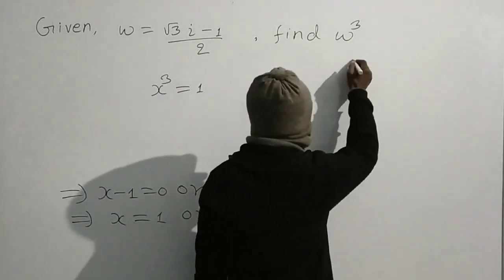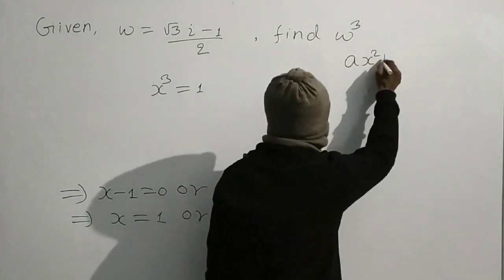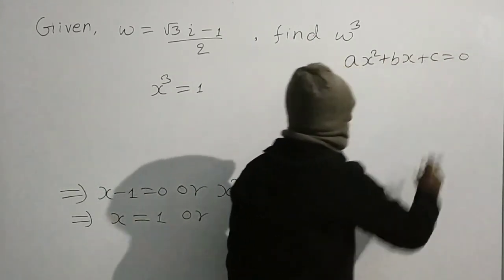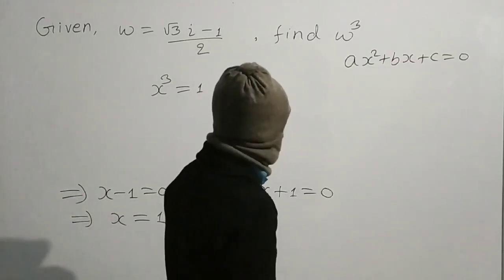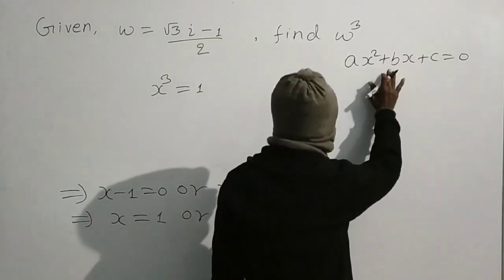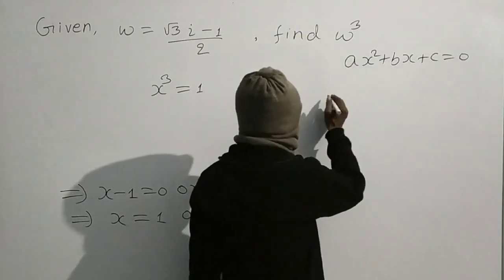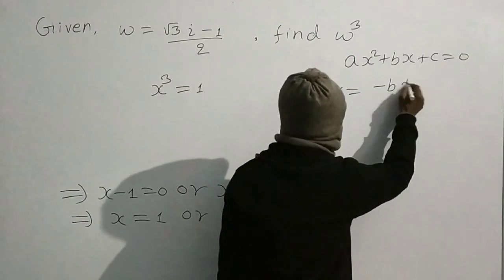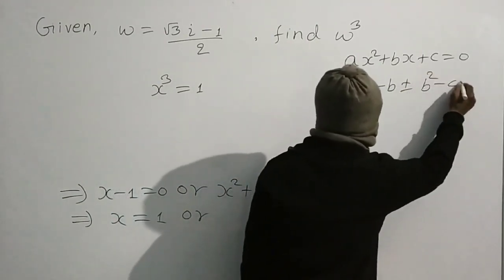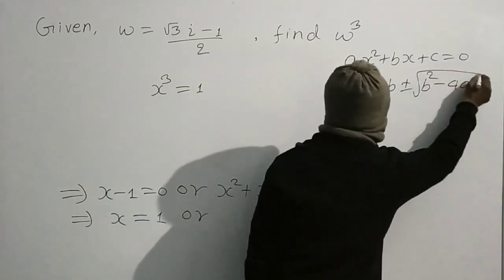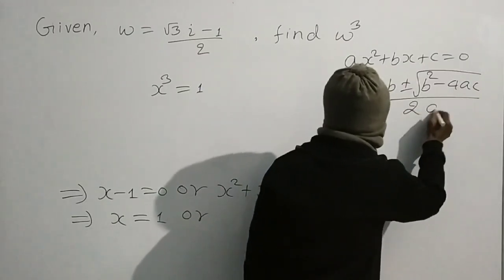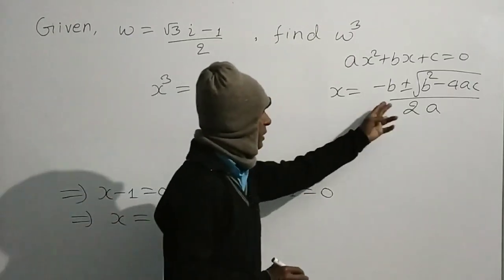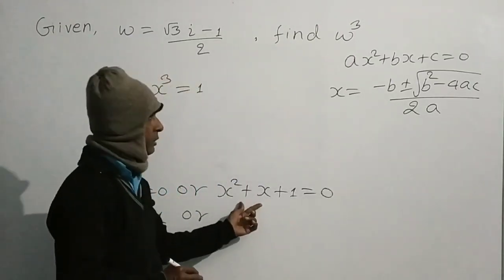If ax square plus bx plus c is equal to 0 be a quadratic equation, then the solution of this equation is x is equal to minus b plus minus root under b square minus 4ac by 2a. We will apply this formula to solve this equation.